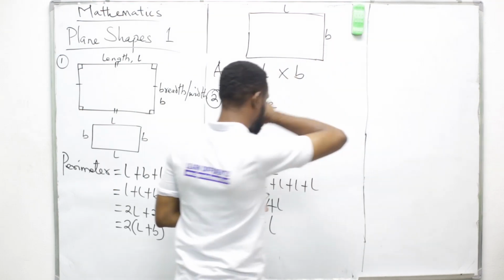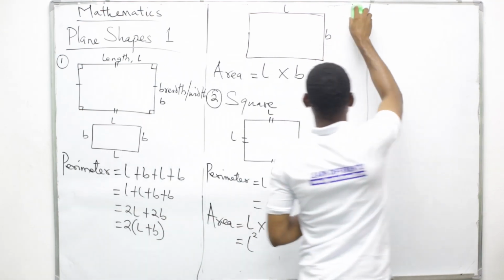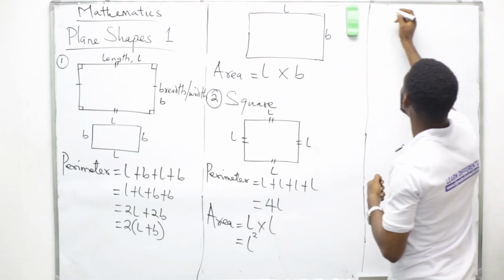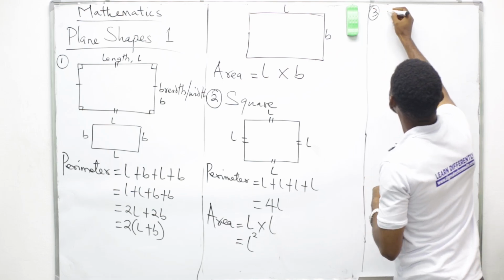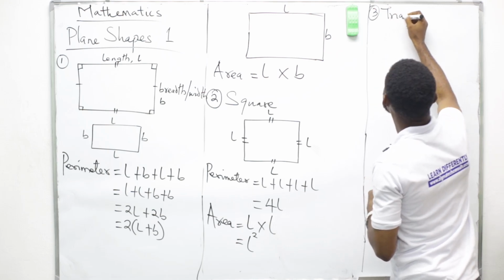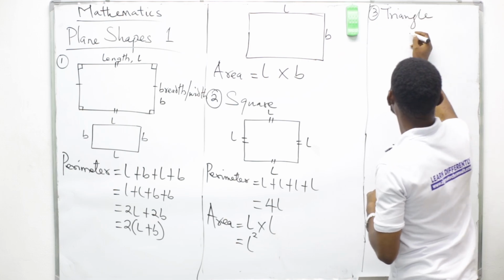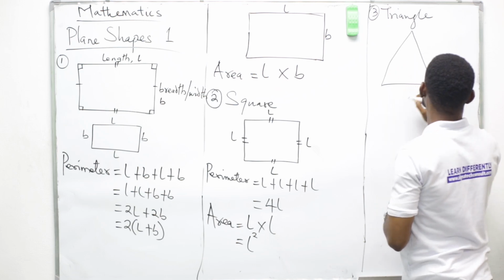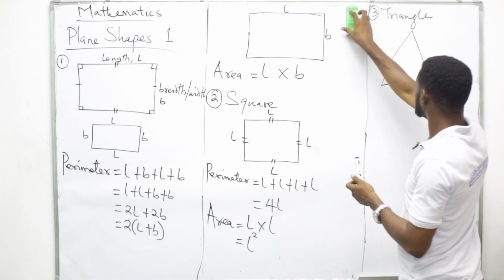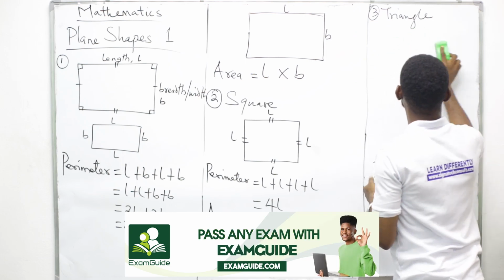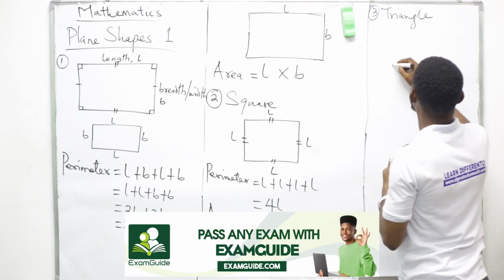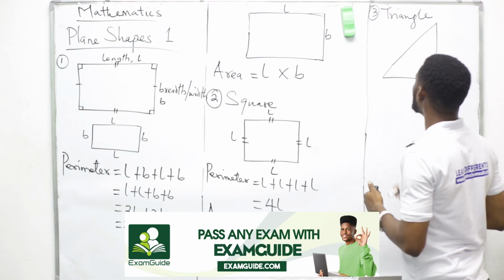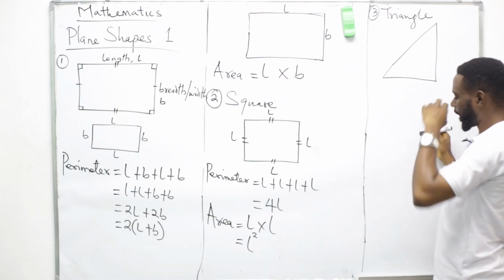Okay, so then for the triangle, that is number 3. Let's have a triangle like this. Let's say this is a triangle, okay?